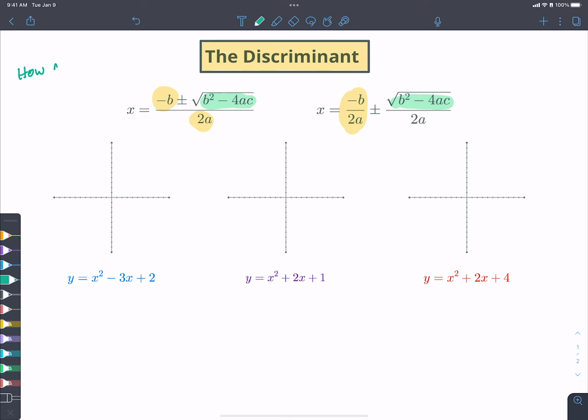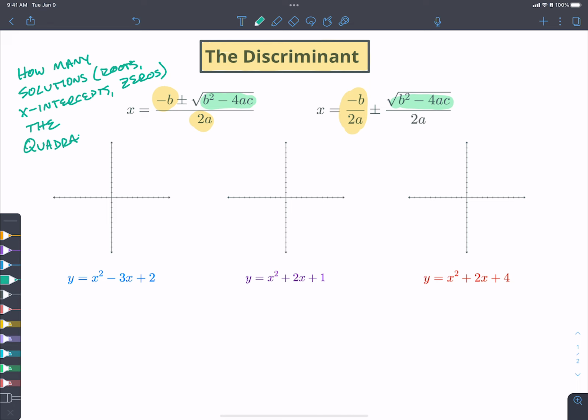How many solutions, or you can also say solutions, we also say roots, we also say x-intercepts, we also say zeros, lots of names for this, but how many solutions the quadratic has.